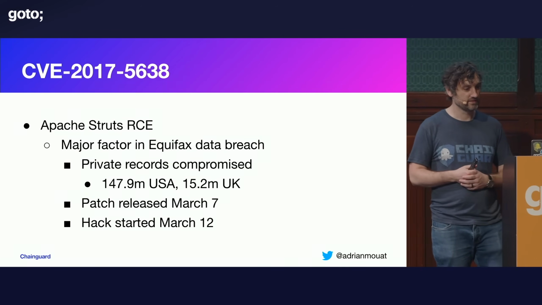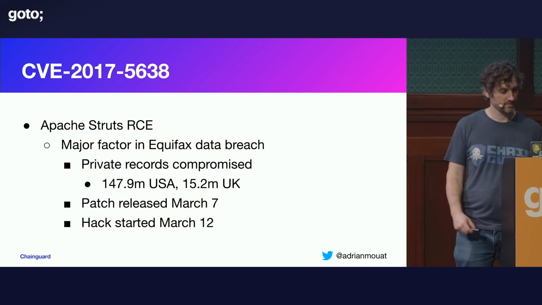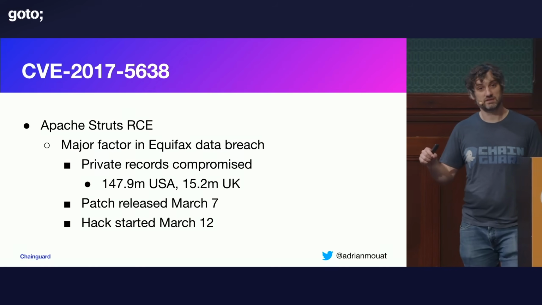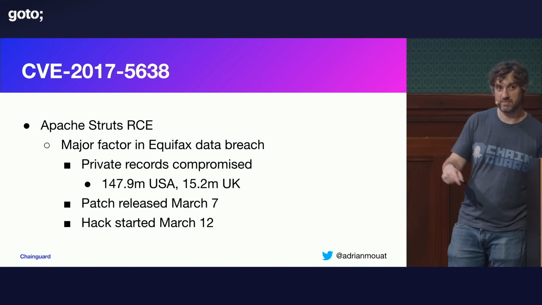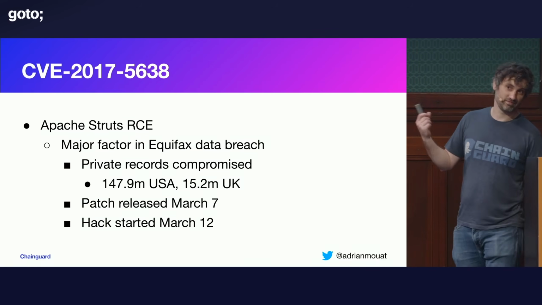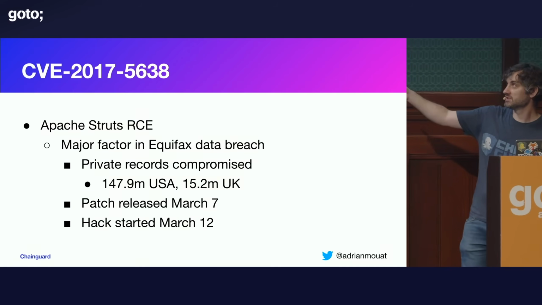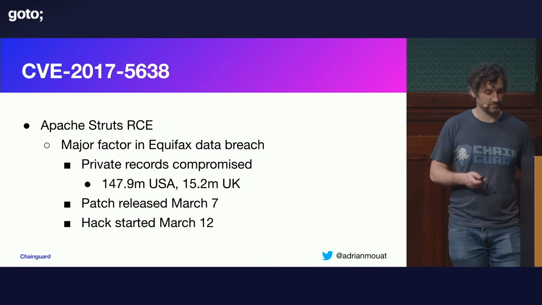So it was pretty bad. And I believe it's still one of the largest data breaches in history. Now, the CVE was a 0-day. But by the time Equifax was hacked, there had been a patch available for around 5 days. So I admit it was tight, but it is possible they could have updated their systems and avoided this issue.